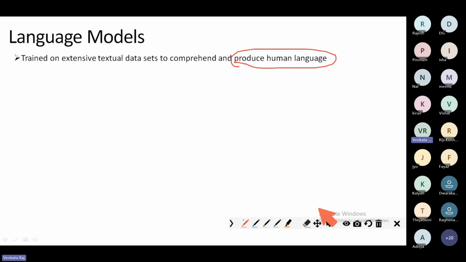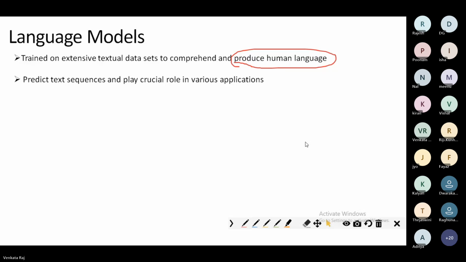Now, by using natural language processing techniques, these language models can predict the text sequence, and thus they can play a very important role in different applications. A very live example is chatbots.